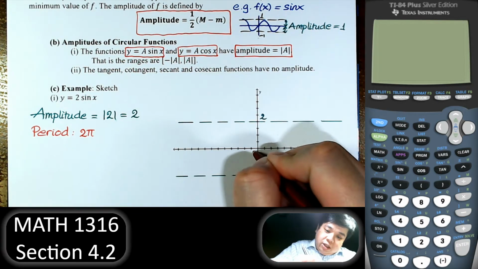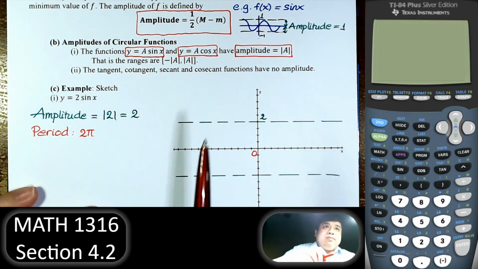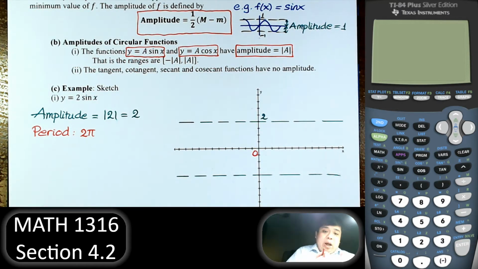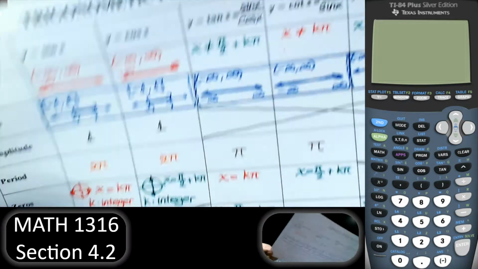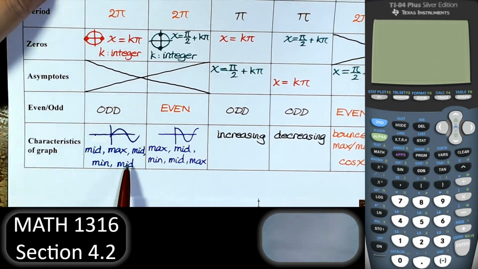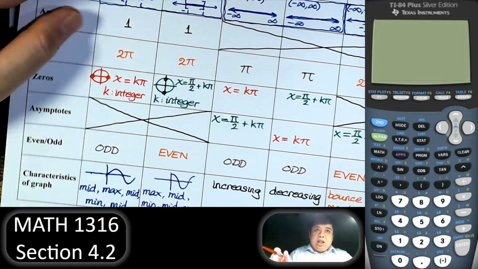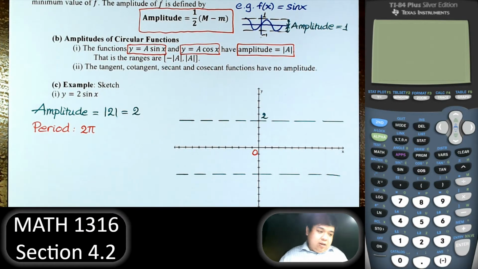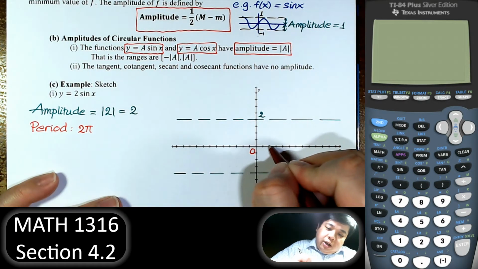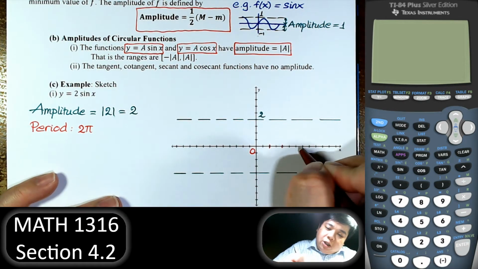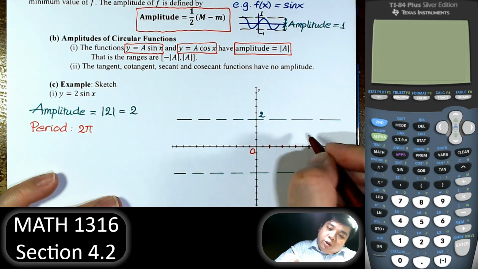So if we choose 0, and once we choose the period, we divide the period into 4 equal pieces, because after that we're going to fit the parent function into the graph. So 1, 2, 3, and 4. So that will be 2 pi.